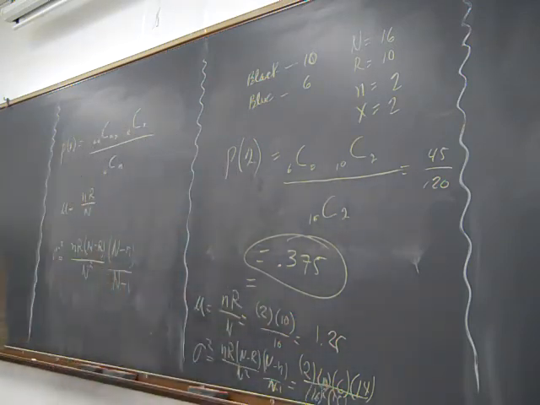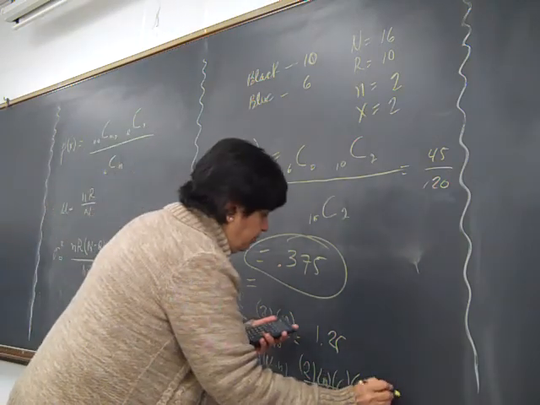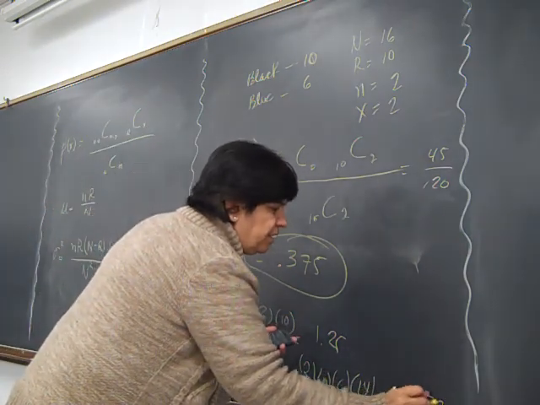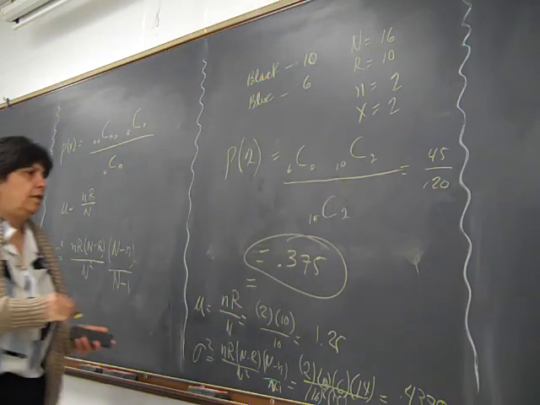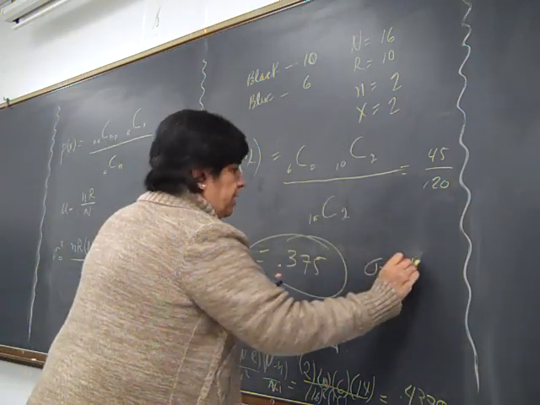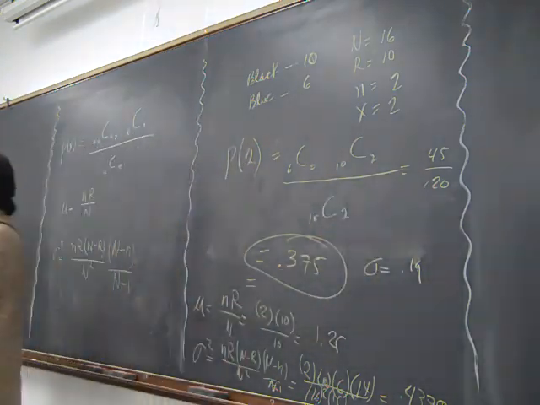You just enter those numbers in your calculator: 2 times 10 times 6 times 14, divided by 16 squared times 15. Sigma squared is 0.4375. I think I didn't make any mistakes. And of course, the standard deviation is the square root of this. Sigma is equal to 0.19. That's it.